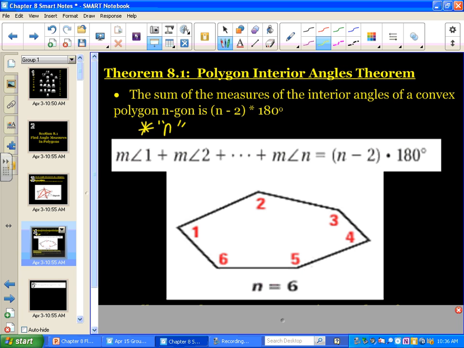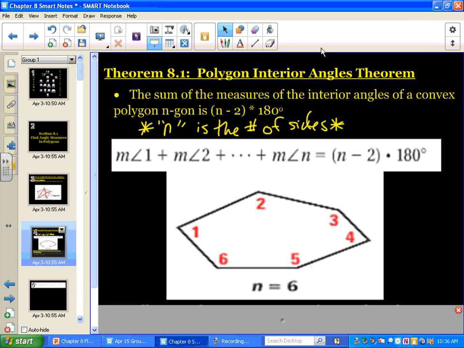N is the number of sides. So, for example, why it says n-gon here is if it were 6, it would be a hexagon. If it were 5, it would be a pentagon. If it were 19, it would be a 19-gon. Remembering labeling these polygons from Chapter 1.